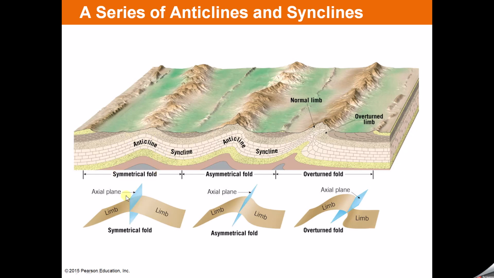If we have an axial plane along the fold axis, this is the fold axis, and we cut it with an axial plane, we'll find the limbs at both sides like a mirror image. They look like each other. But asymmetrical: if we have an axial plane going through the fold axis, we'll find one limb is different from the other. So this is asymmetrical.